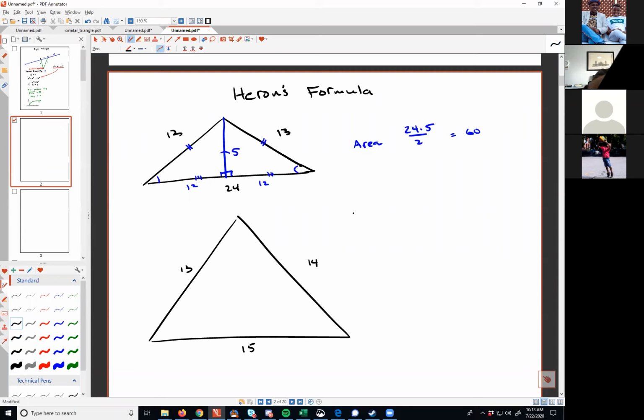Now we know that the area of a triangle is half the base times the height. And we have a base. That's fine. So if we can find any one height of the triangle, then we're fine. So let's draw in that altitude as we've done before. But now what?